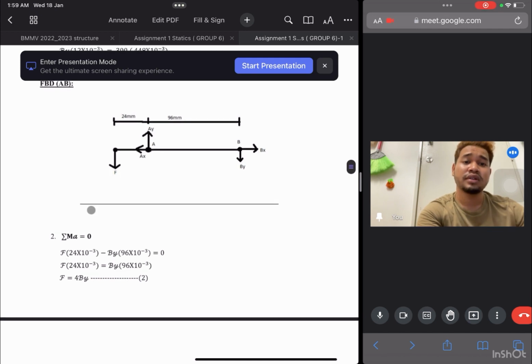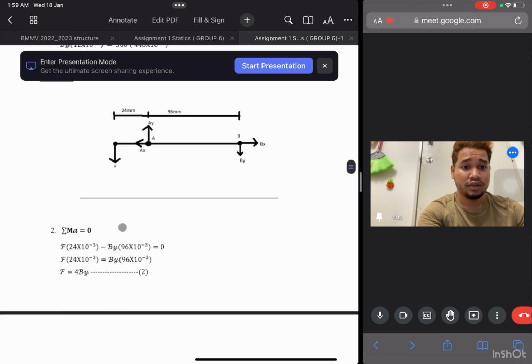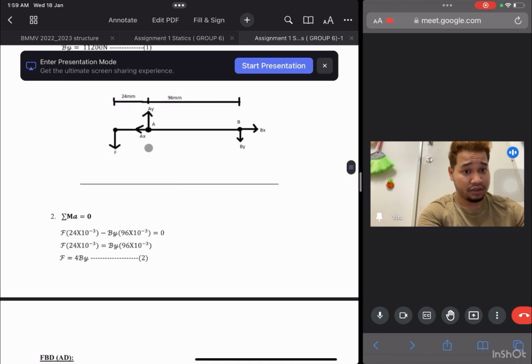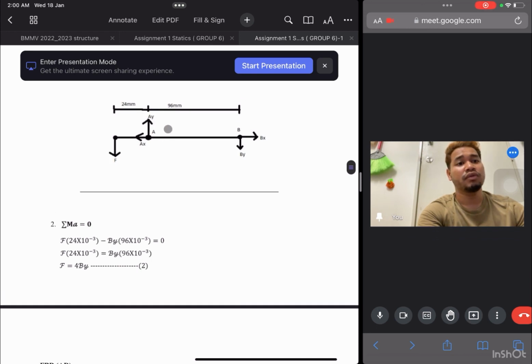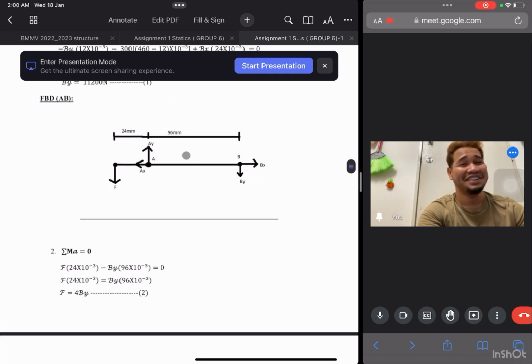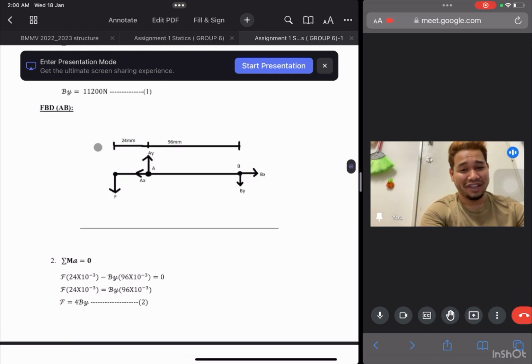The force times the displacement 24 times 10 power negative 3, minus By times 99 times 10 power negative 3, equal to 0. So we got the force is 4 By for the FBD at points A and B.